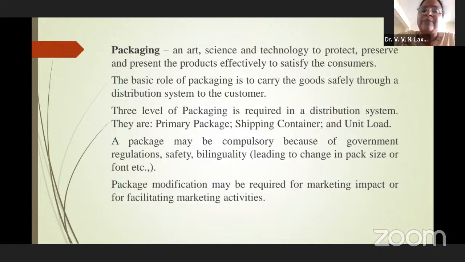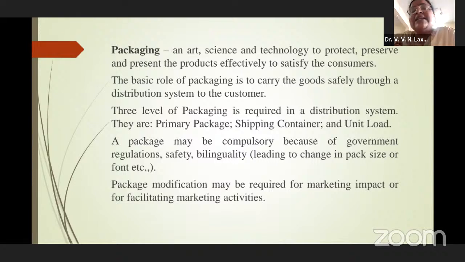For example, if you take perishables, it is compulsory to use the manufacturing date, the expiry date, the nutritional content, whether it is a vegetarian or non-vegetarian product, what ingredients are used, where it is manufactured, and what is the call center name, number, and all details.